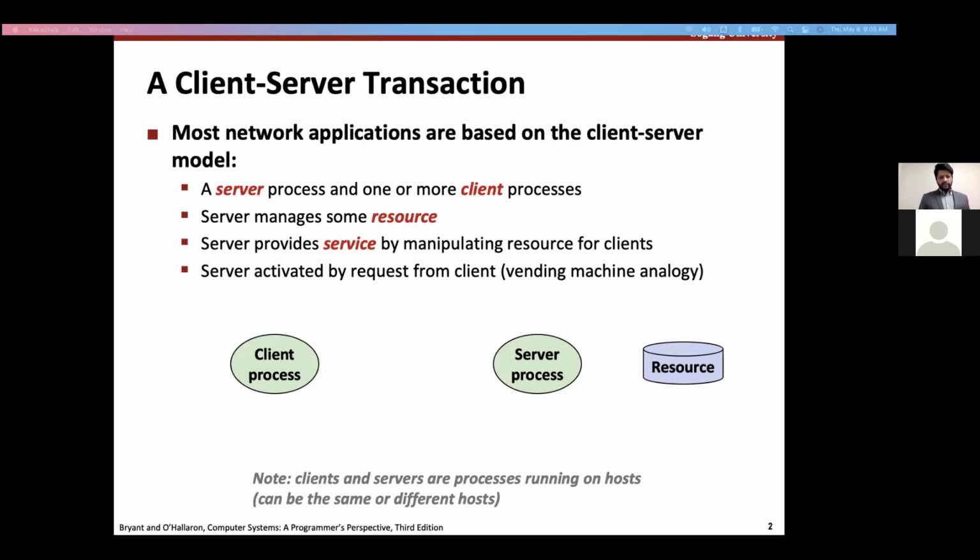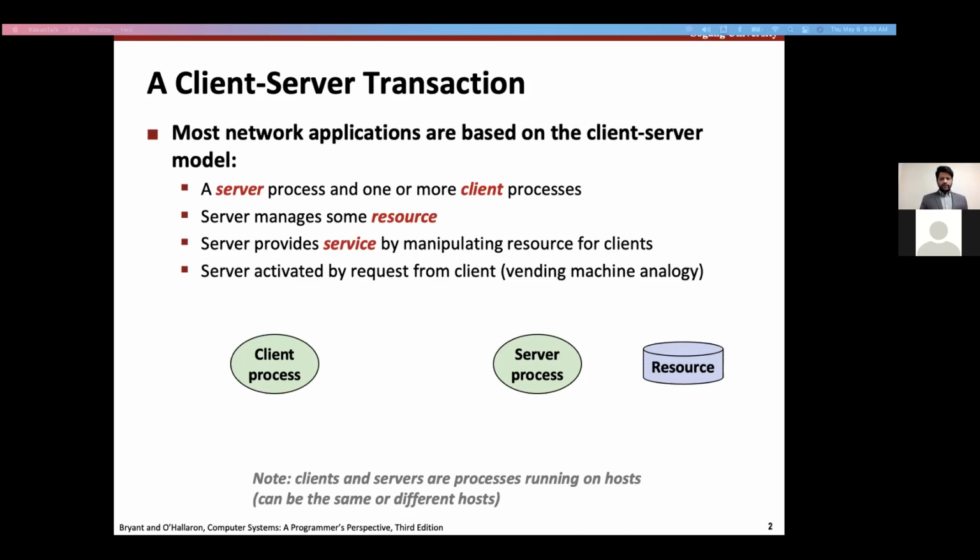Some people refer to it as client server transactions. With this model, an application consists of a server process and one or more client processes. A server manages some resources, and it provides some service for its clients to manipulate or utilize those resources.